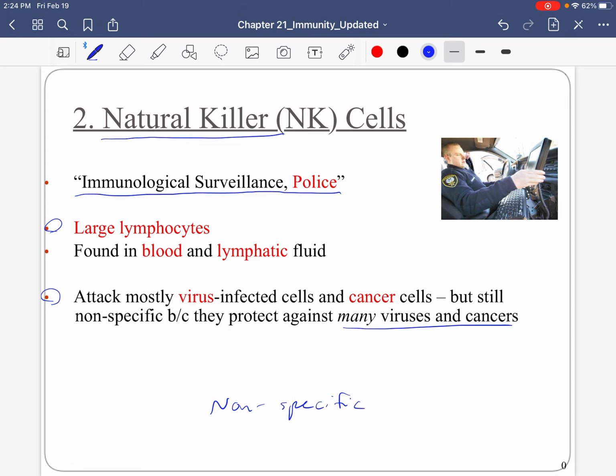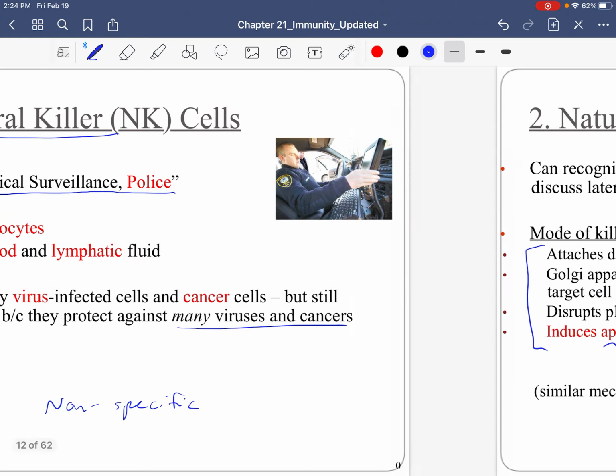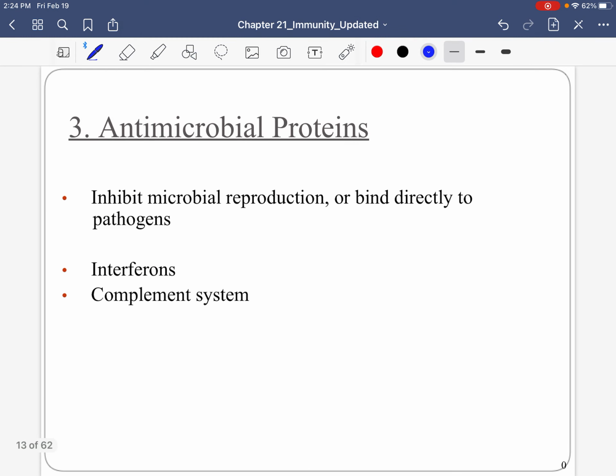Some white blood cells we keep in storage until we need them, but not these. These NK cells circulate in our bloodstream, and in that way they perform surveillance, and then they pounce when needed. Really cool. Okay, so as part of our second line of defense, we had general white blood cells that perform phagocytosis.